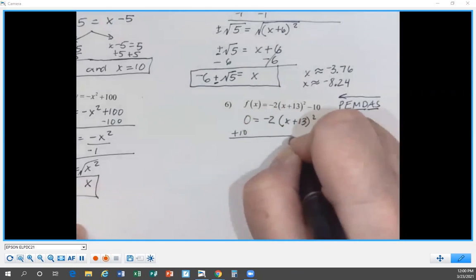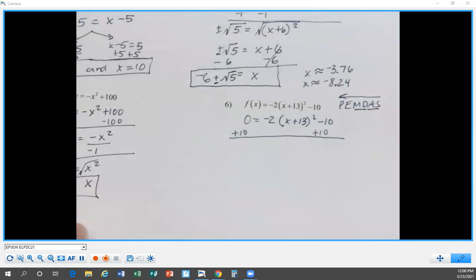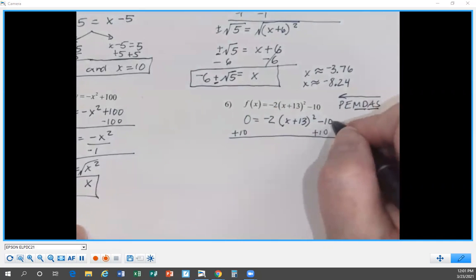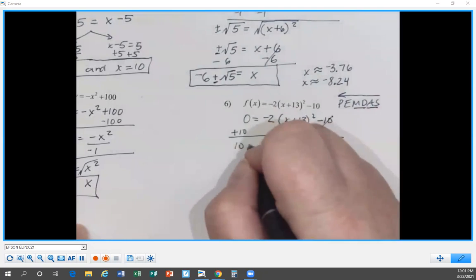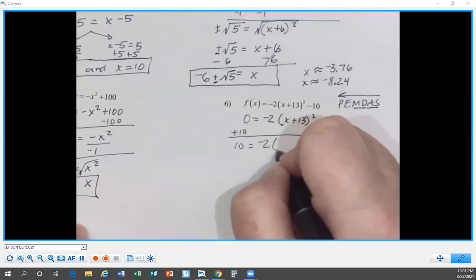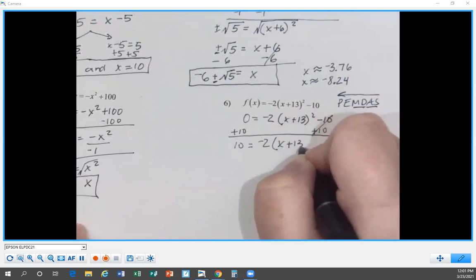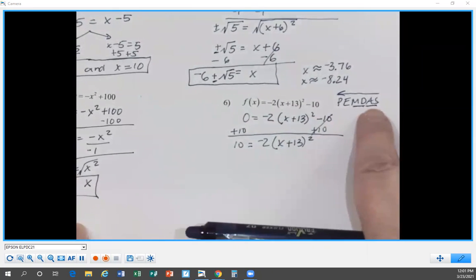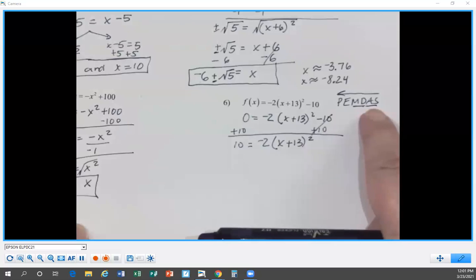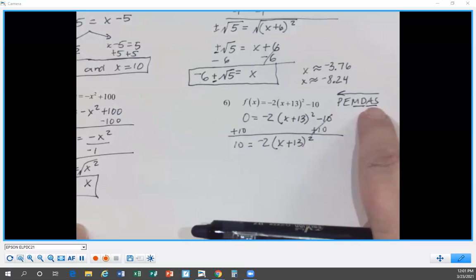Whatever I do to one side of the equal sign, I must do to the other. That's the golden rule of algebra. So negative 10 plus 10 is 0, so that cancels out. On the left-hand side, 0 plus 10 is 10. Bring down the equals, -2 times the quantity x plus 13 squared. Excellent. Then I look back at my order of operations in reverse. I did the addition and subtraction. What's my next step?